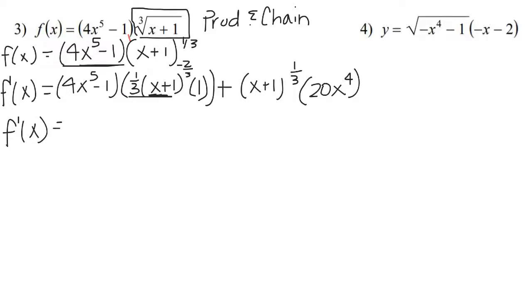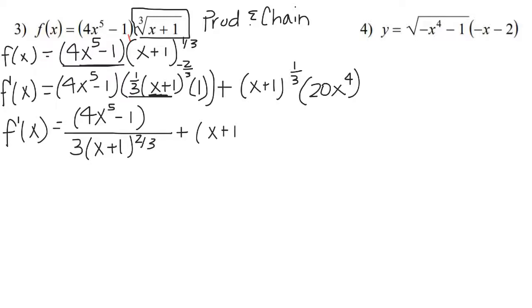So my numerator is 1 times 4x to the 5th minus 1, which is 4x to the 5th minus 1, over 3, and then times x plus 1 to the positive 2/3 because I've moved it. And then plus, and then over here, that stays x plus 1 raised to the 1/3. It's not negative, so don't move it. And then times 20x to the 4th.